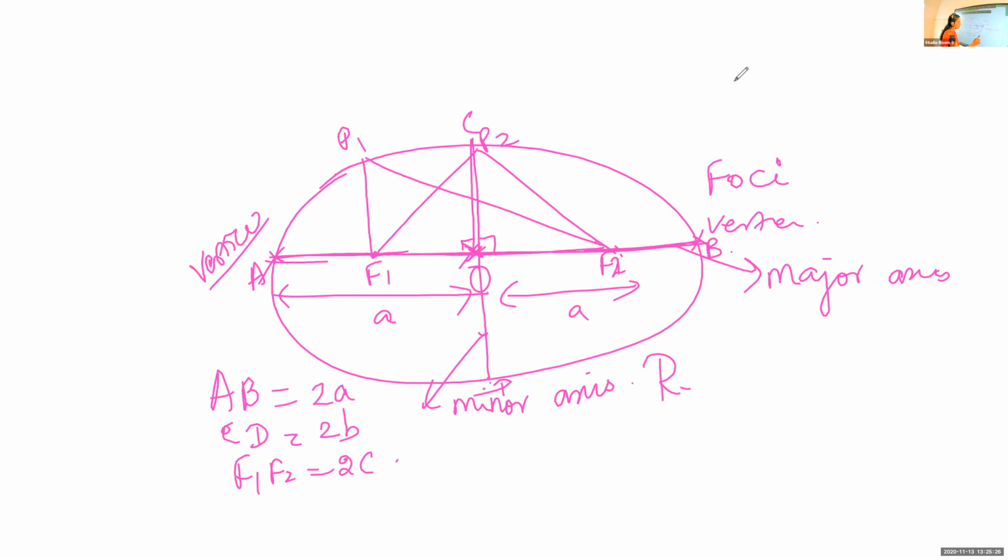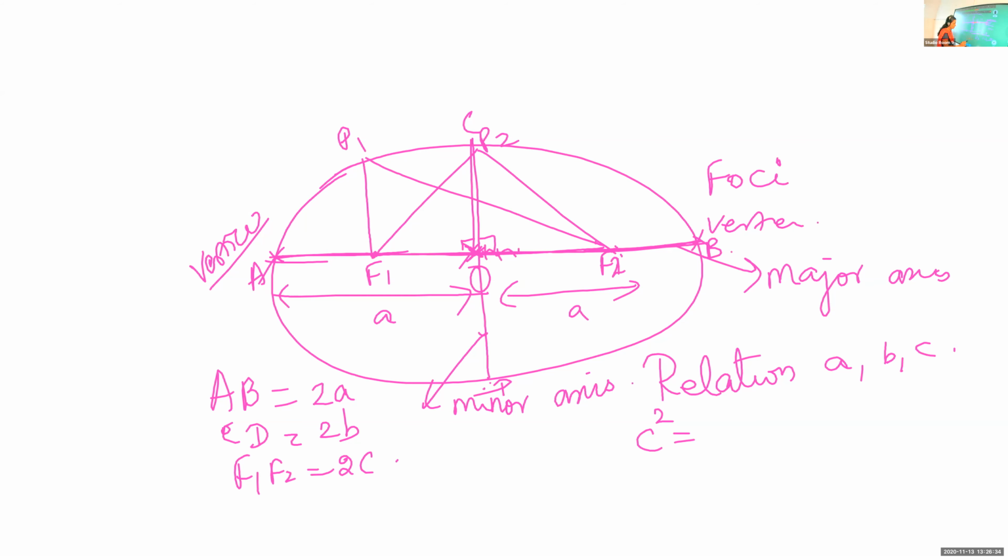Now we are going to learn a relation connecting A, B, and C. The relation is C square is equal to A square minus B square.